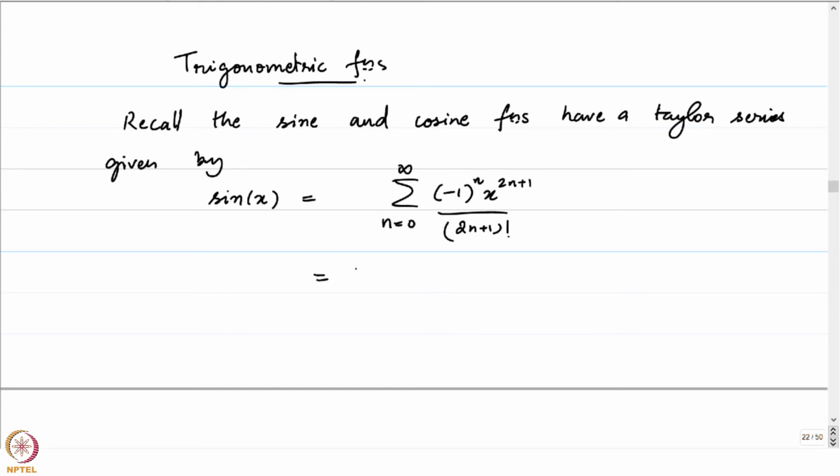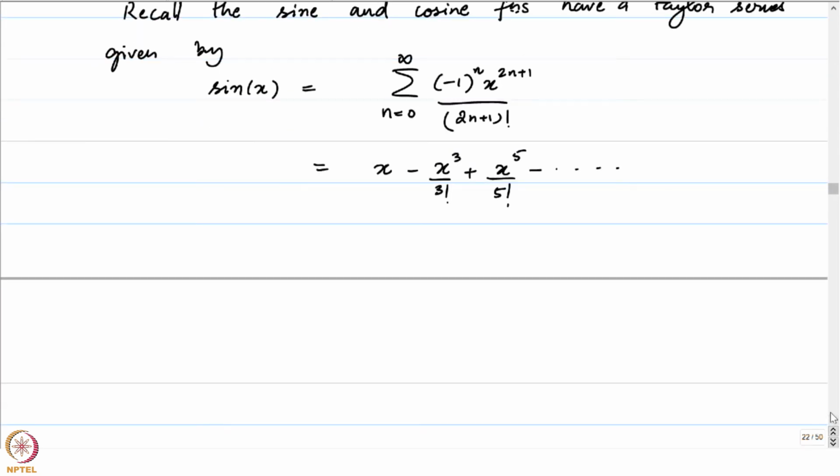So this is basically x minus x cubed by 3 factorial plus x to the power 5 by 5 factorial and so on. And we also have the Taylor series expansion for the cosine function.